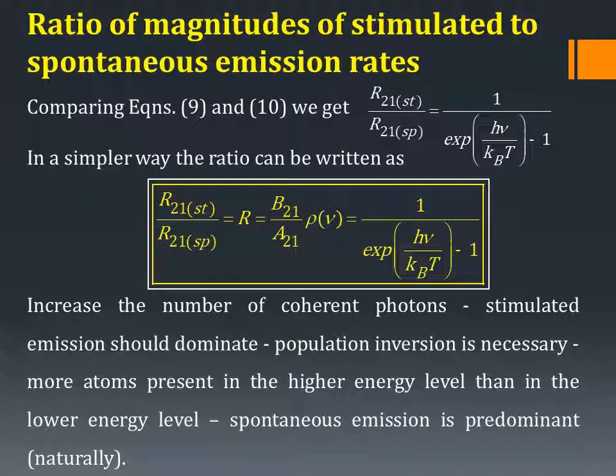Also, it is observed that spontaneous emission is more predominant in the optical region, which is the ordinary light region. And to increase the number of coherent photons, obviously stimulated emission should dominate over spontaneous emission.